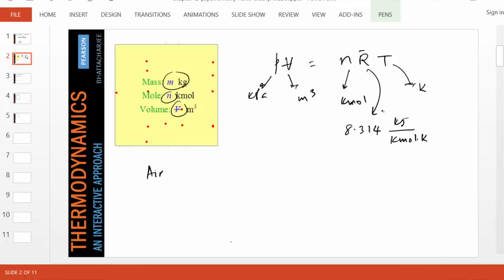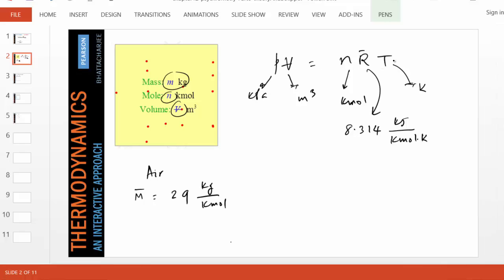So we are all familiar with this equation. And when we have pure air, we'll treat air just like a pure gas. It will have a molar mass of 29 kg per kilomole. So this will be our standard molar mass of air. Then we can use this equation.